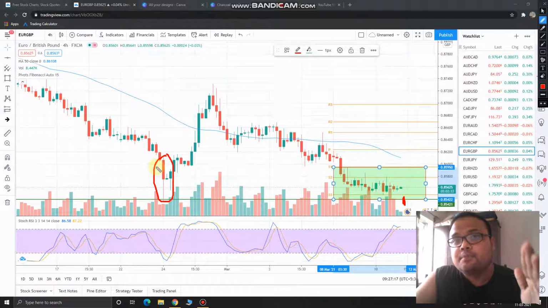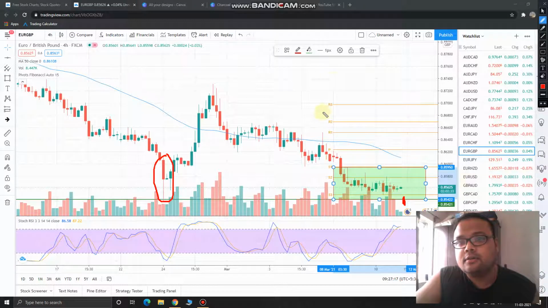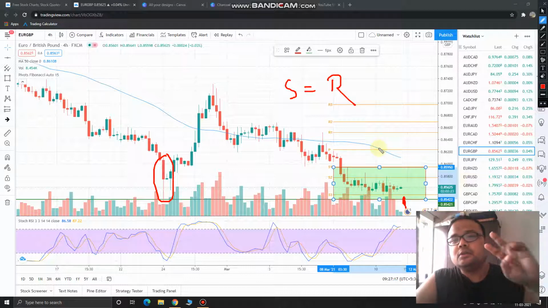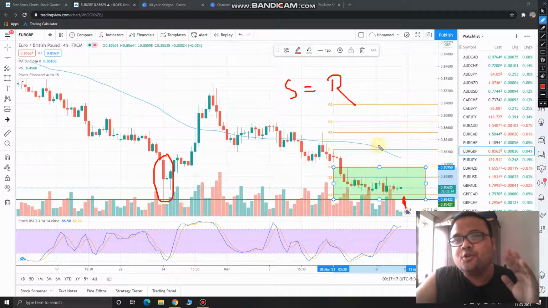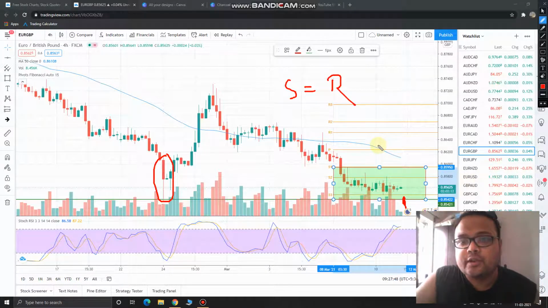Let the support become the resistance, then only short the market. So these are the simple two strategies that you can follow for Euro GBP for 11th March 2021.